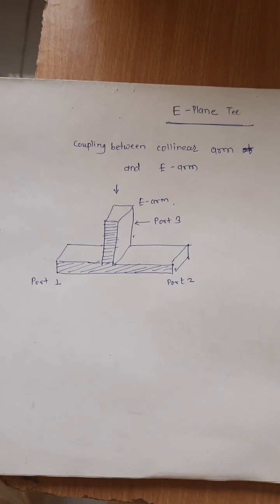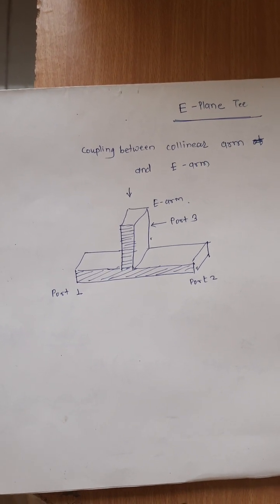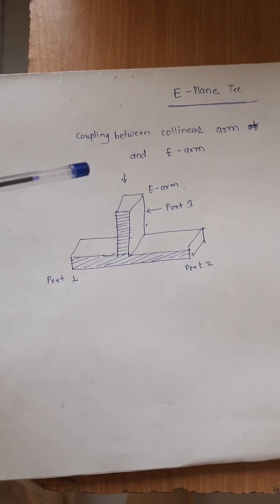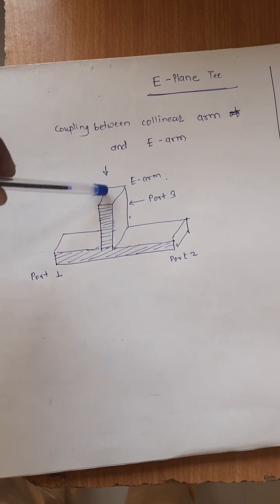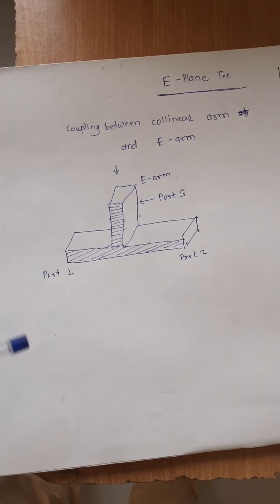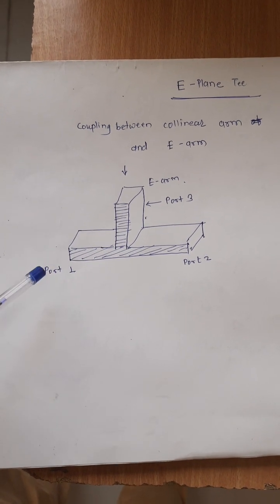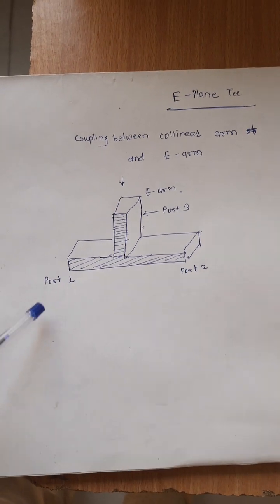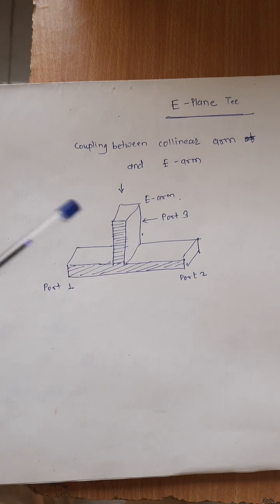Before doing the practical setup, let us look at the basic working principle of the E arm. Dear students, if we feed microwave energy to the E arm, this microwave energy gets split into port 1 and port 2, the collinear arms, equal in magnitude but opposite in phase.